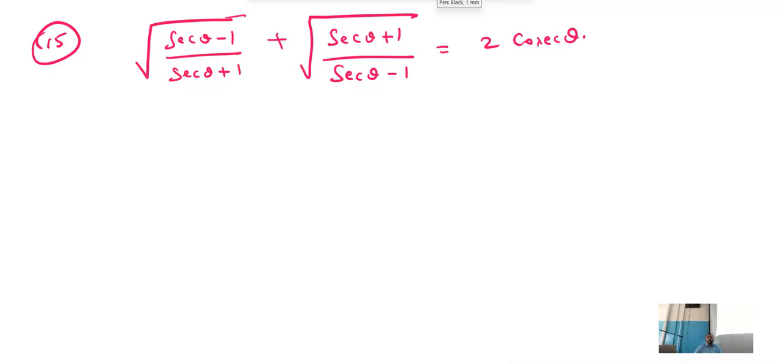Prove that root of secant theta minus 1 by secant theta plus 1 plus root of secant theta plus 1 by secant theta minus 1 is equal to 2 cosecant theta.